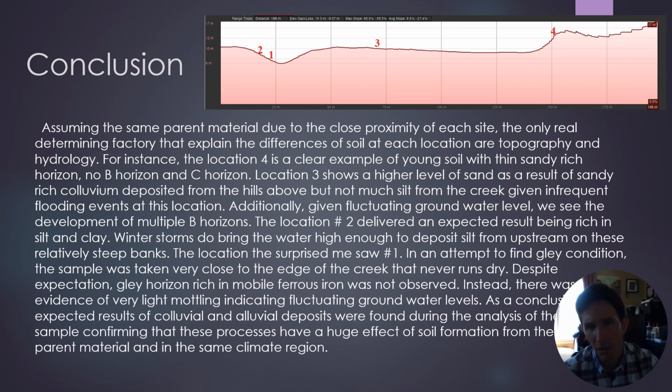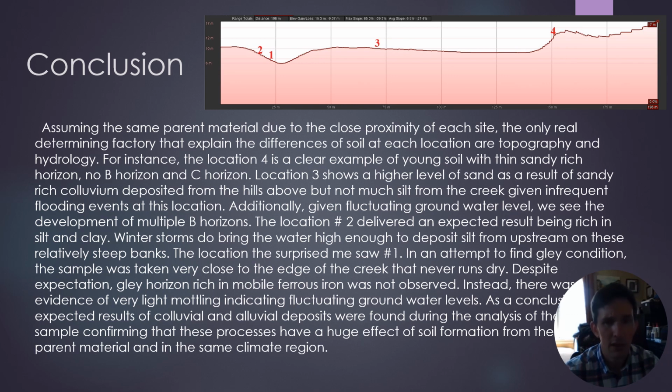At site 3, which is located between the riverbed and a hill, we would assume that there would be effects of both the hydrology and topography, and would have deposits moving downhill as well as alluvial deposits from the creek, and the texture analysis more or less confirmed this hypothesis.